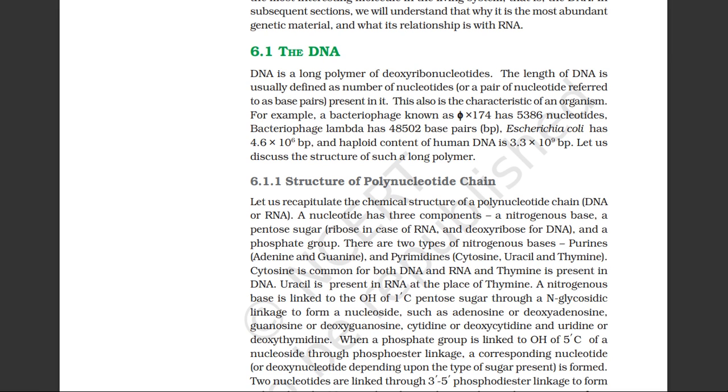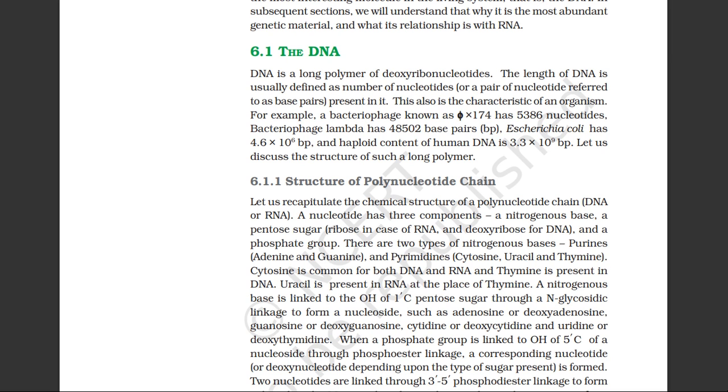A nitrogenous base is linked to the OH of 1' C pentose sugar through an N-glycosidic linkage to form a nucleoside, such as adenosine or deoxyadenosine, guanosine or deoxyguanosine, cytidine or deoxycytidine, and uridine or deoxythymidine.